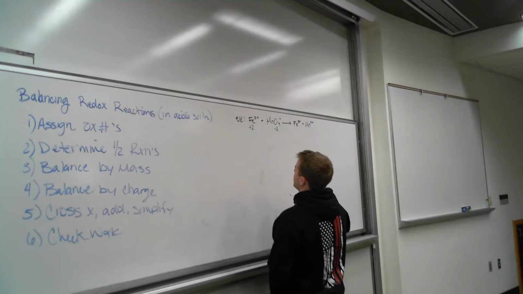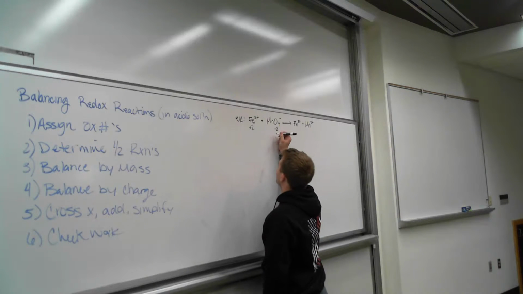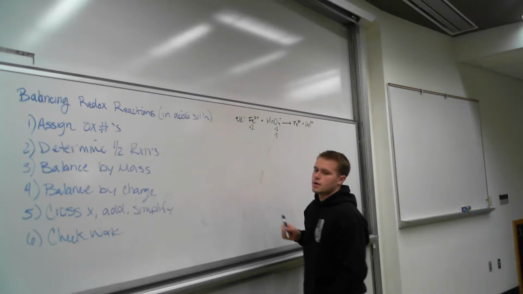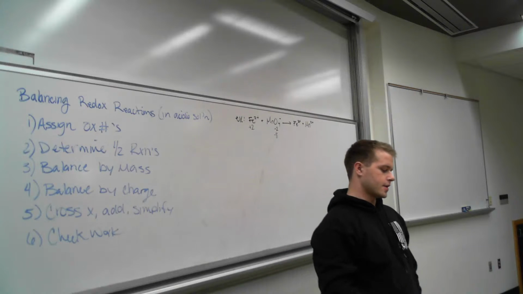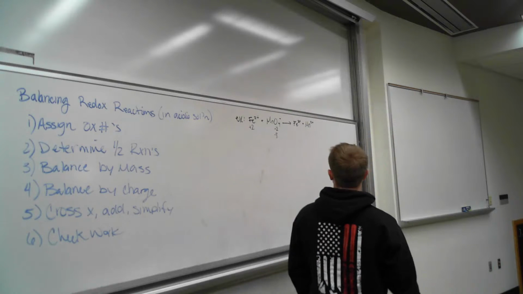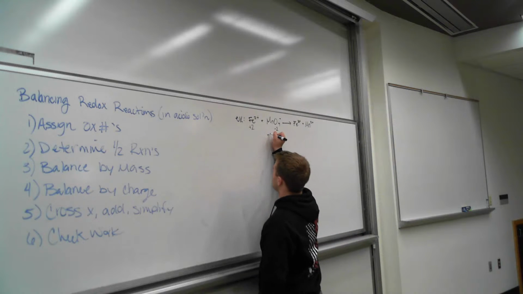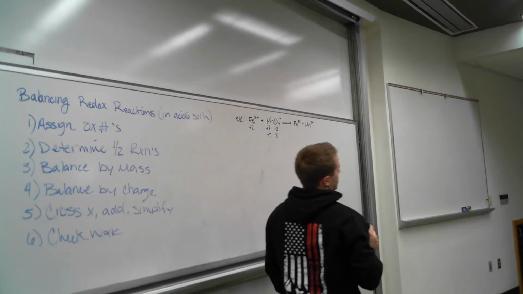How many oxygens do we have? 4. So what is our total oxidation number from our oxygen? -8. So what does that mean? Our oxidation number needs to be +7 on our manganese. Does that make sense to everyone? We only have one of them, so our oxidation number on that is +7.